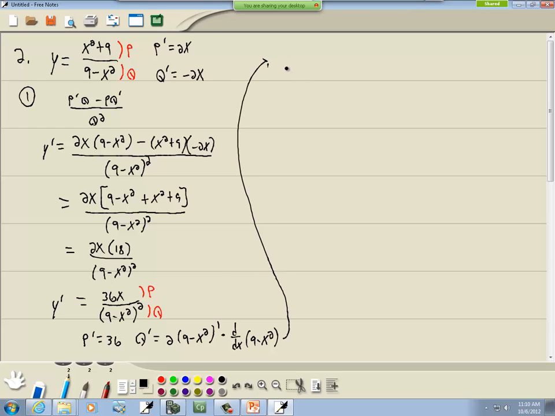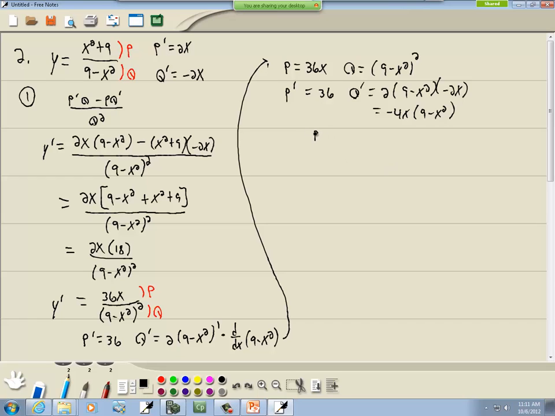So p is equal to 36x, and q is equal to 9 minus x squared squared. And p prime we said was 36, and q prime, take a next step further. The derivative of 9 minus x squared is negative 2x. So we have 2 times 9 minus x squared times negative 2x, which gives us negative 4x times 9 minus x squared.